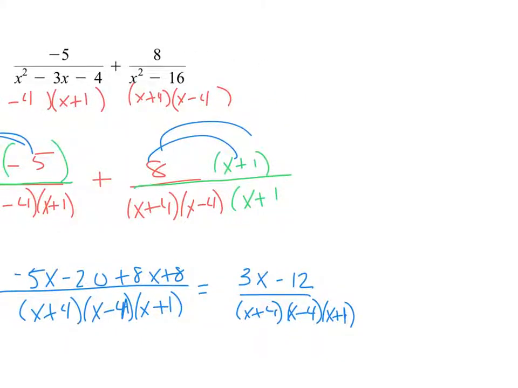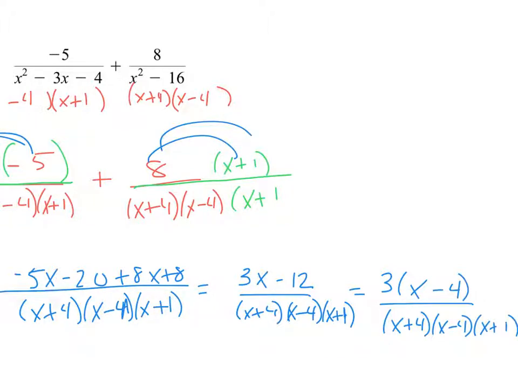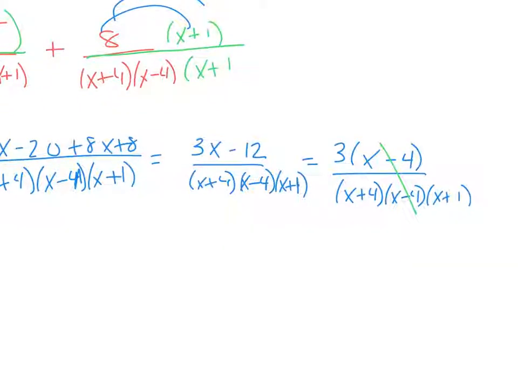Now I'm going to factor the top to see if I can simplify any further, and I can take out a 3, and I get 3 times x minus 4. What is good about this one is that if you look at the bottom now, this does cancel out. The x minus 4's do. So my final simplified expression is 3 over x plus 4 times x plus 1.